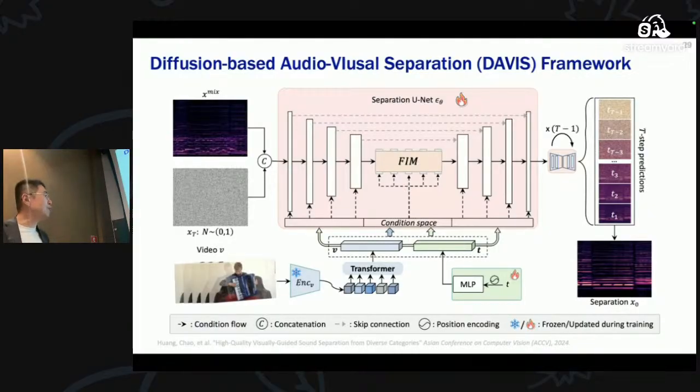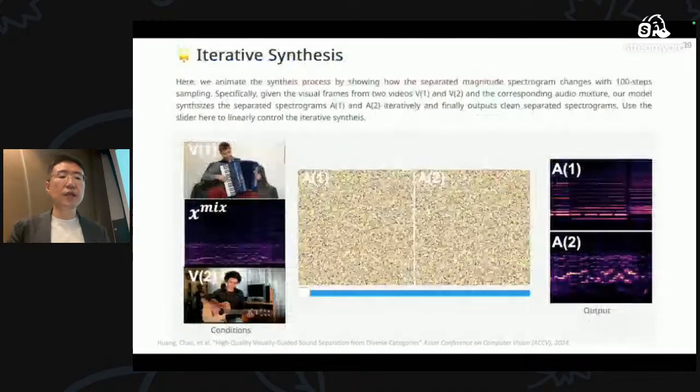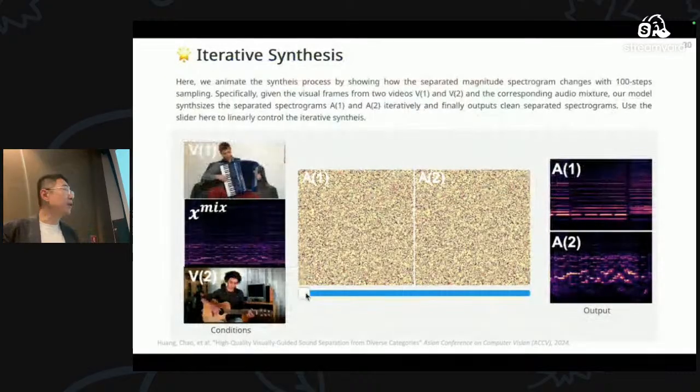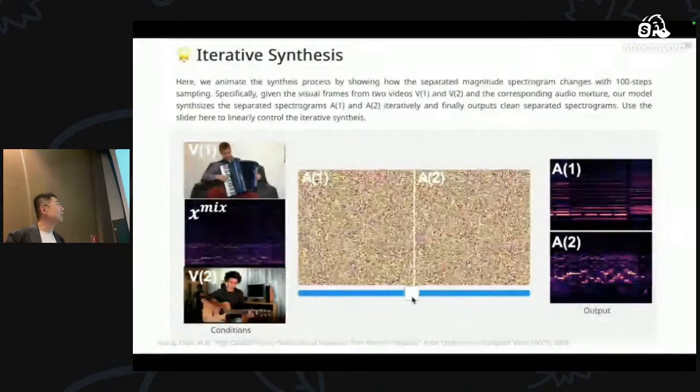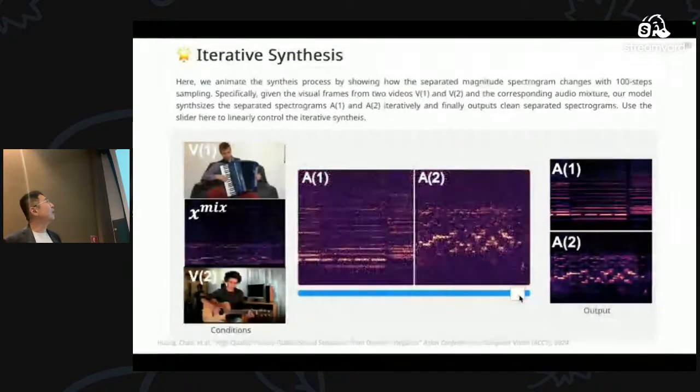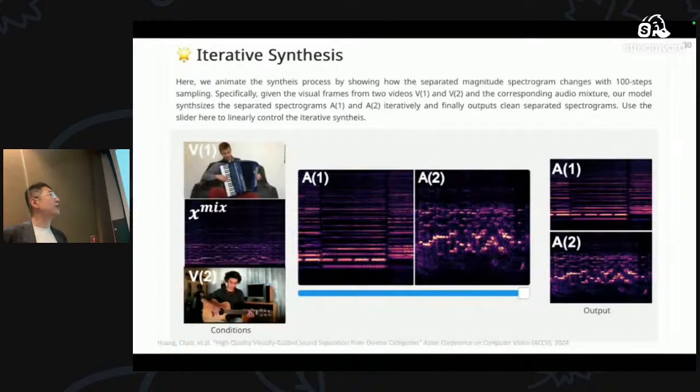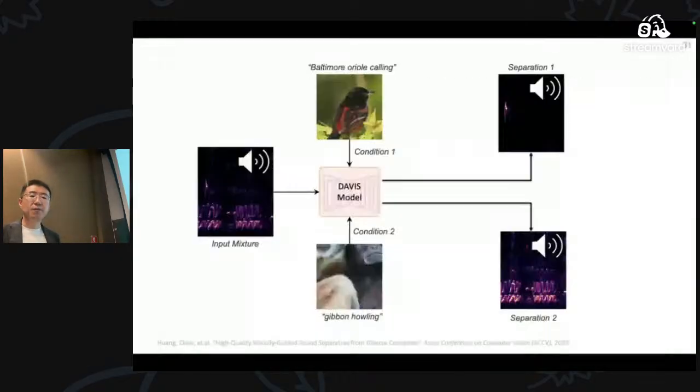If you change this visual to maybe a running car or a different type of object, this is going to be a different sound separation according to that visual input. Now this is a mixture with two types of visual conditions over probably 1,000 iterations, and eventually it gets you those separated sounds from the mixture. Now here I'm going to show you some examples. This is the input mixture.